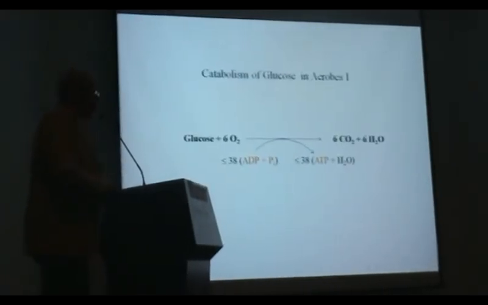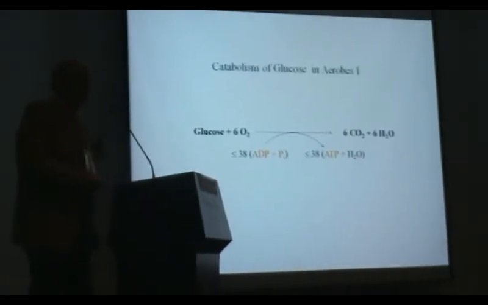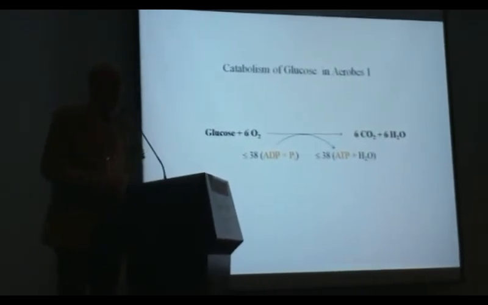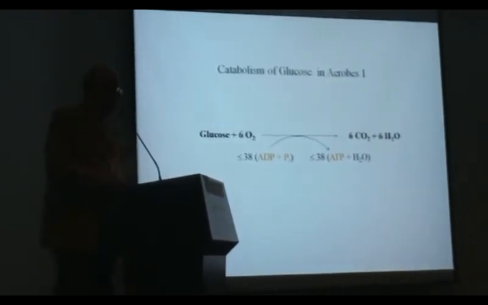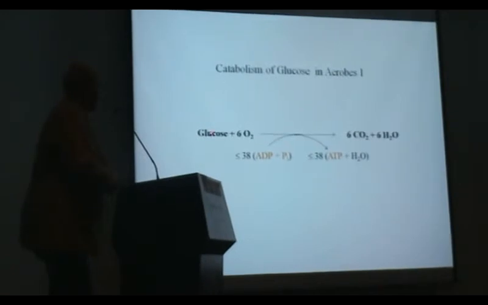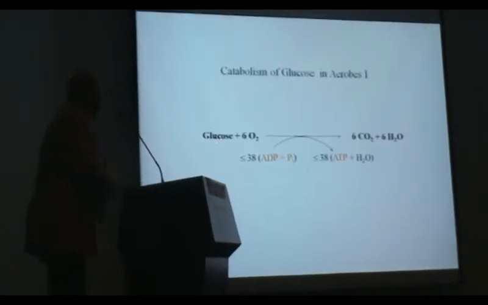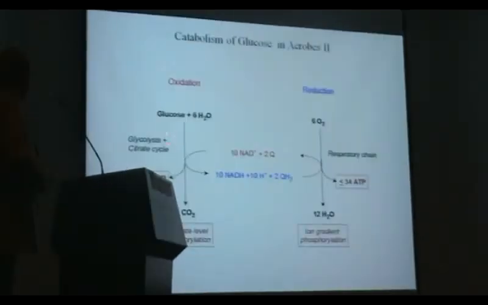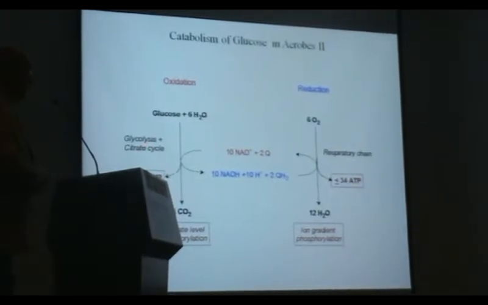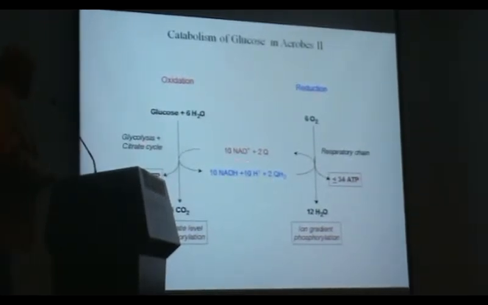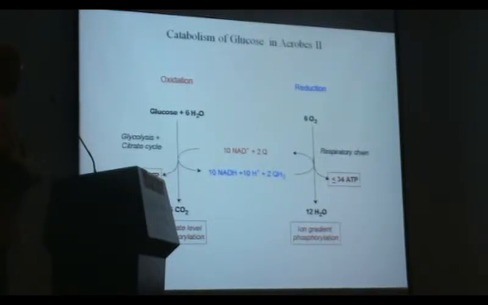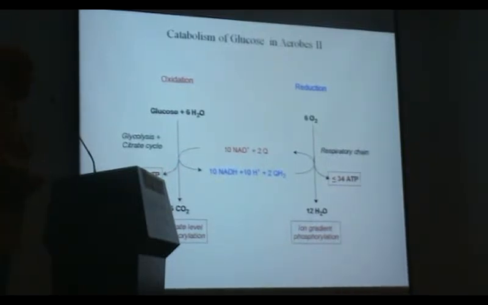I will start with the aerobes and the catabolism of glucose. As you know, humans and other aerobes oxidize glucose by glycolysis and the citrate cycle. The oxidants are NAD and ubiquinone, and thereby 4 ATP are formed via substrate level phosphorylation.